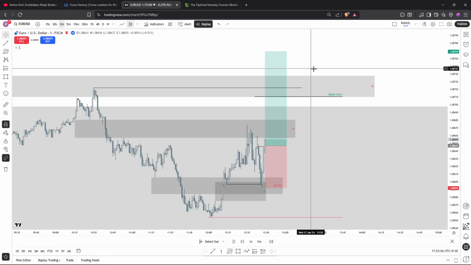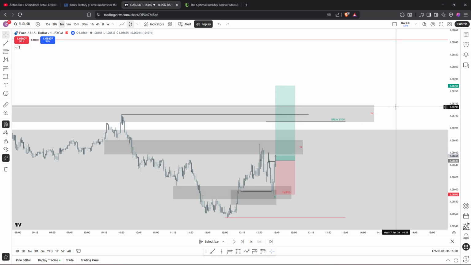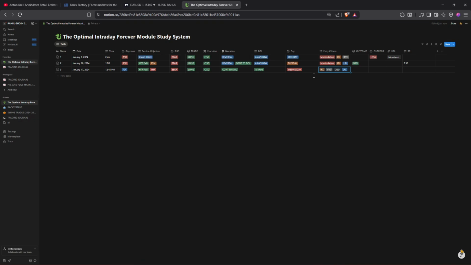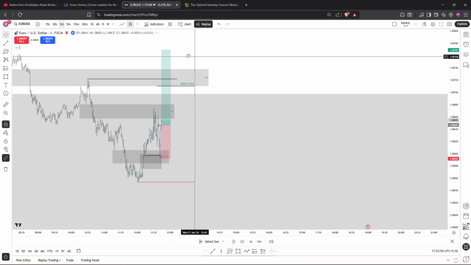Let's see what happens in the trade. This is my break-even point. We are also inside the daily APG.